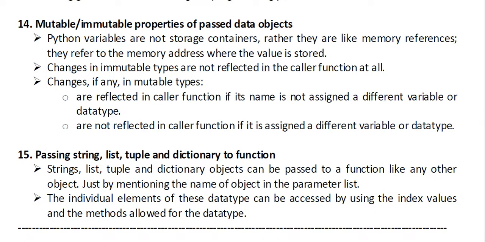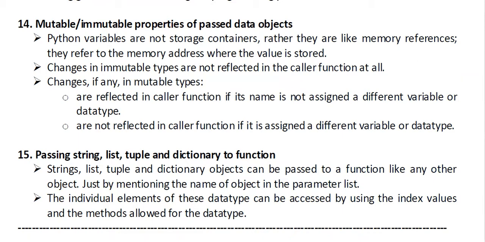Please pay attention. If you have passed an immutable data type and you are trying to change its value, that value will not be changed in the main program. When you call a function, a separate memory space is created.